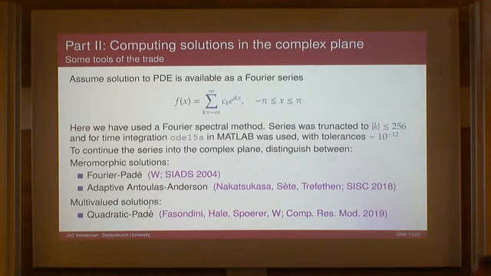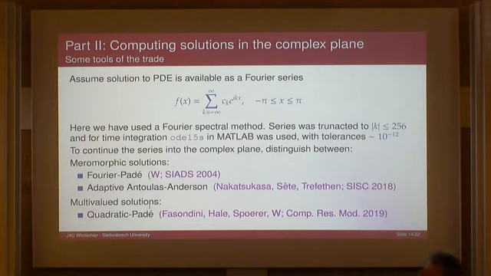And then if you have multi-valued solutions, well, none of these can capture branch point information. So in order to get some branch structure in your approximation, you have to go to something like quadratic Padé, which is what we've done.